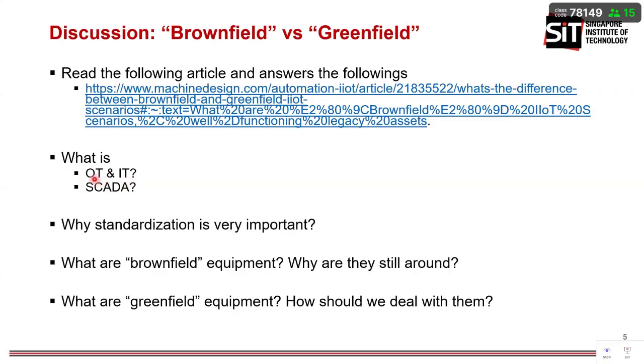But there is the other term called OT. What is OT? It refers to operational technology. Operational technology focuses on the manufacturing operations. And the operations include the automated machines, your equipment, and so on. So these are the hardware to produce things that you would like to have in the factory, in the industry.